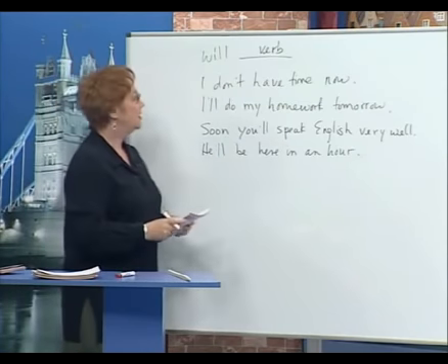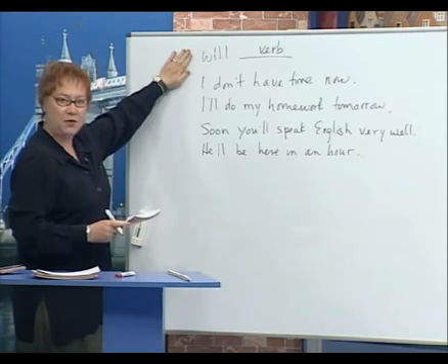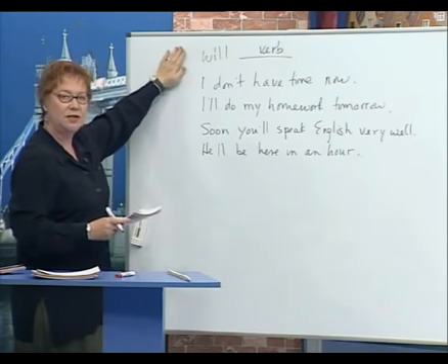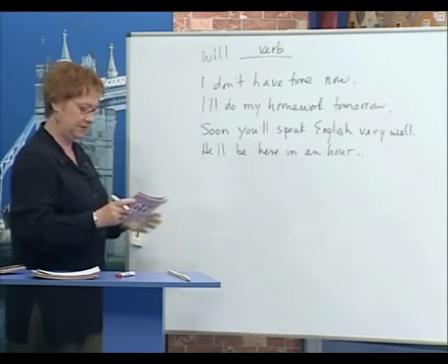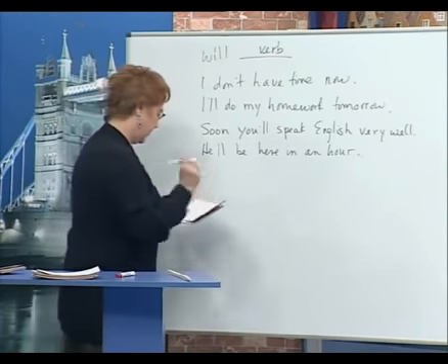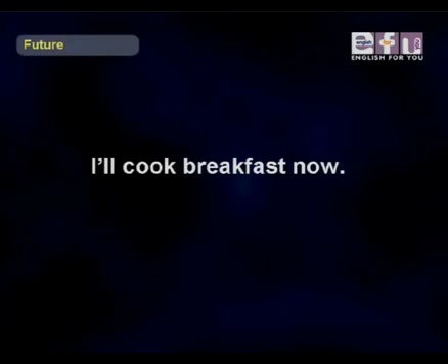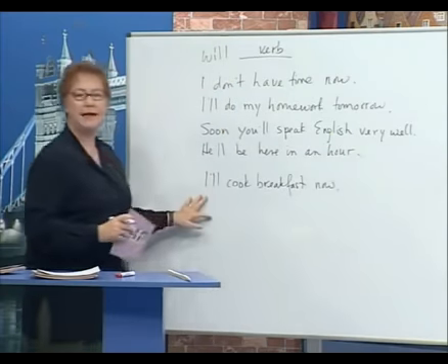Okay? Now, we can talk about will. We can use will to talk about decisions that we've made at the time we're speaking. So, for example, I'll cook breakfast now. It's 8 o'clock.